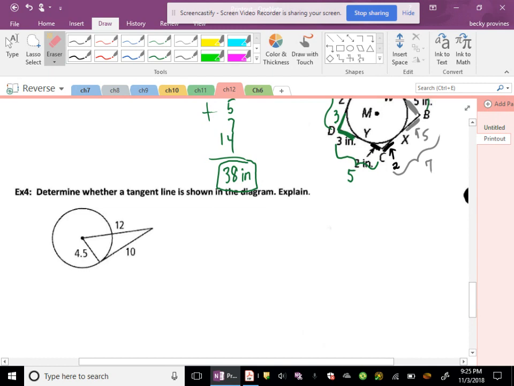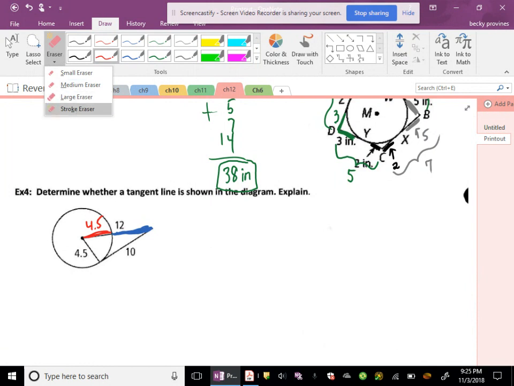Now, here's the situation. And every year when I do this problem, I always kind of question it. Is this 12 referring to this entire length, or is that 12 just this outside part? Because I could figure out this radius. This radius could be 4.5. Now, it's not super clear.